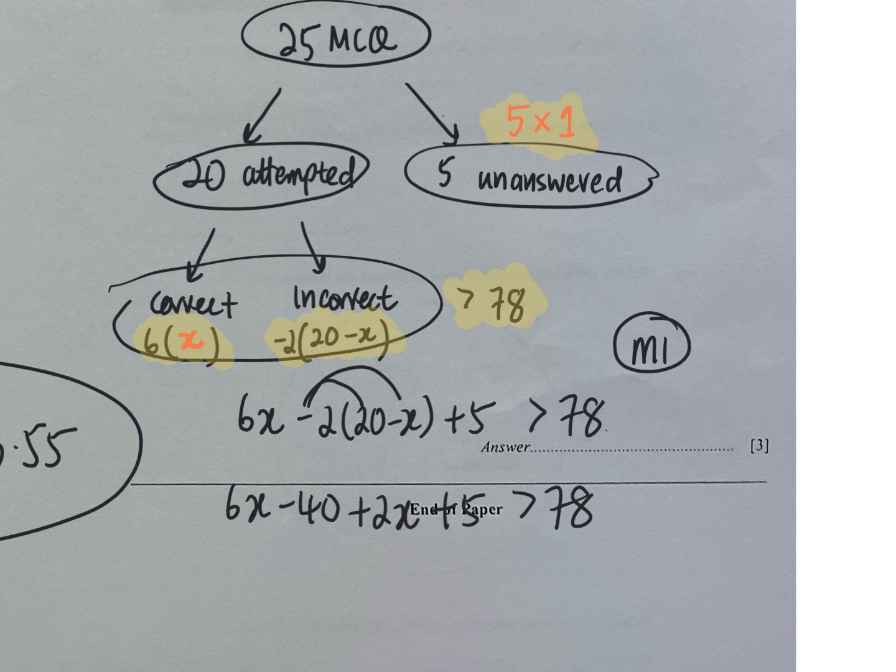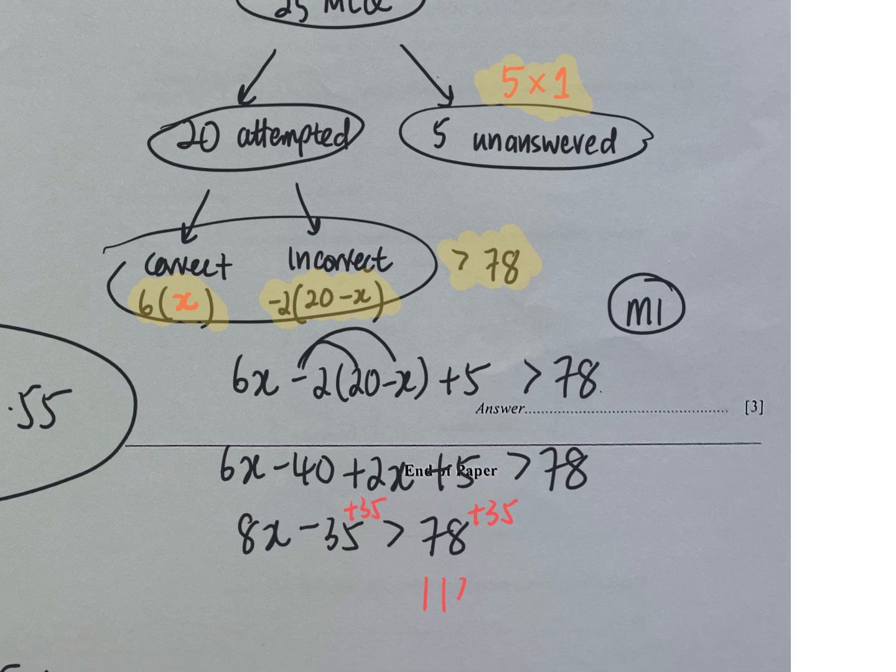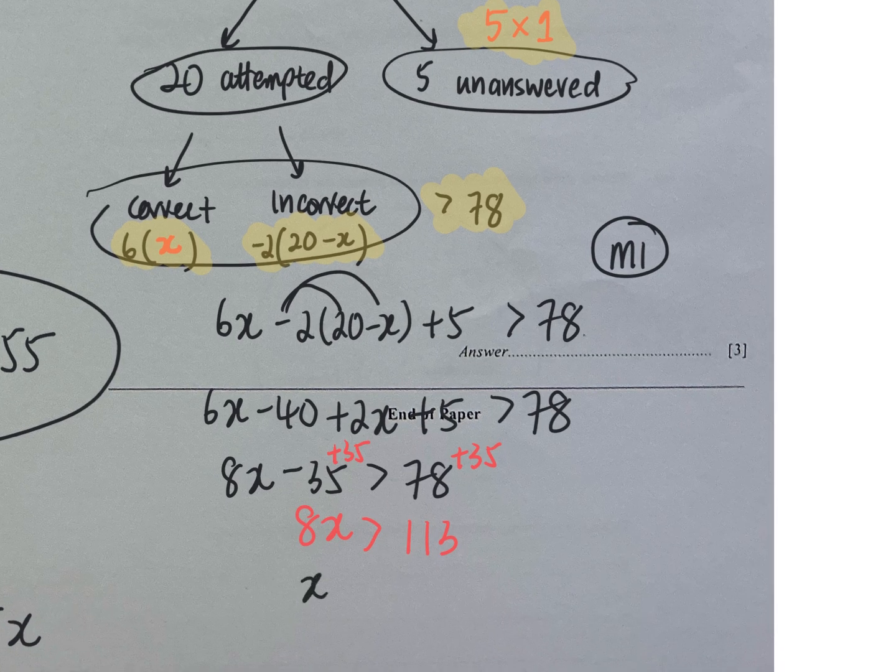So in the end, it is 8x minus 35. Then you add 35 on both sides. So this is 113. So x must be more than 113 divided by 8, which is 14.125.